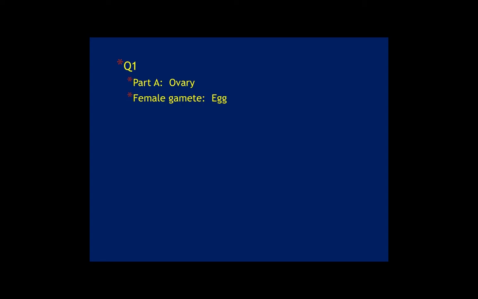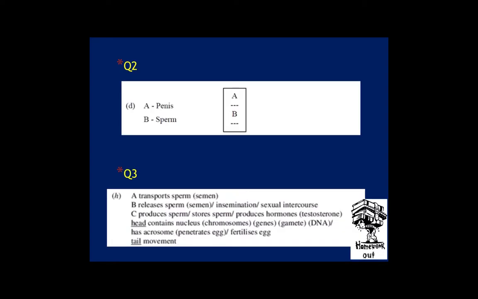So just first, these are the answers to the homework question. So question 1, part A was ovary and the female gamete is the egg. In question 2, part A is the penis and B was sperm. And in question 3, A transports sperm or semen, B releases sperm or semen, is involved in sexual intercourse or insemination.